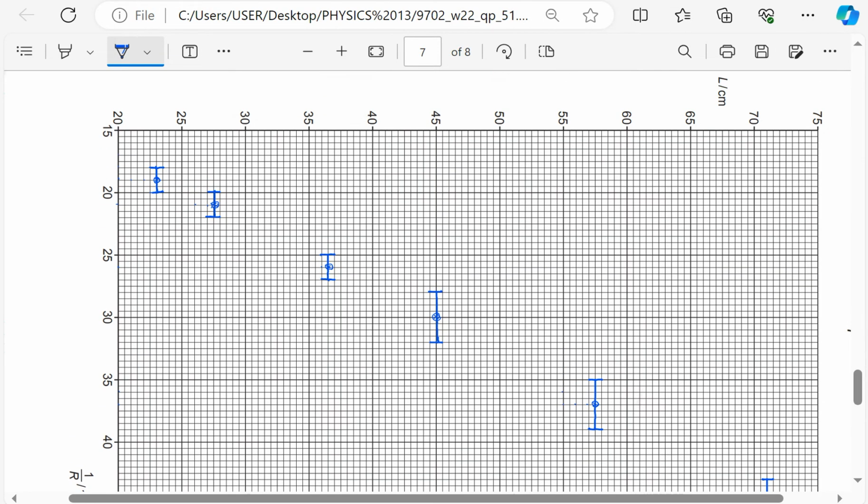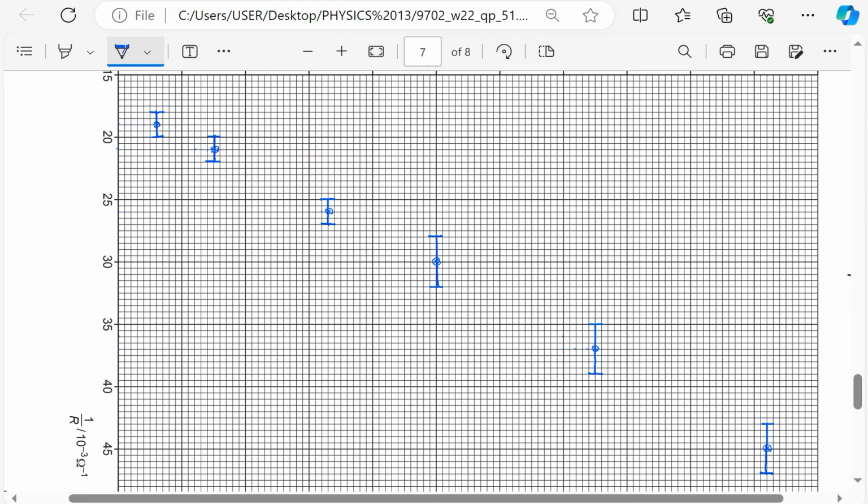Like I see the last point is supposed to be 71 against 45, and it was fine. So there is no problem with that. It's like one of these points is far away from the line, so I'm going to try and eliminate.